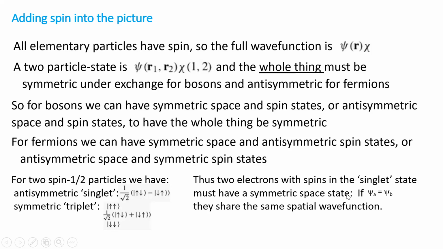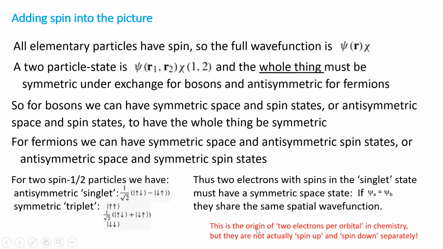So one possibility is for psi A to be equal to psi B in our symmetric spatial state. And so if that's true, the two electrons would share the same spatial wave function. If their spins are in the singlet state, they can share the same spatial wave function because that's a symmetric possibility. And this is actually the origin of two electrons per orbital in chemistry.